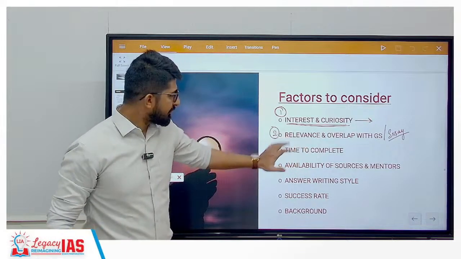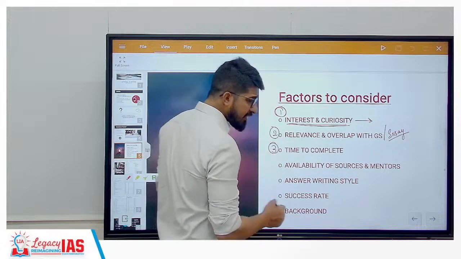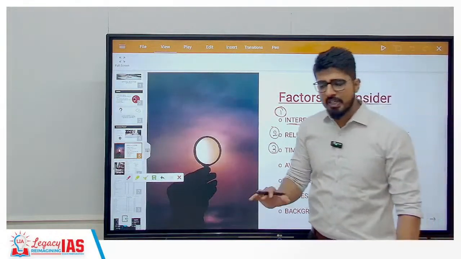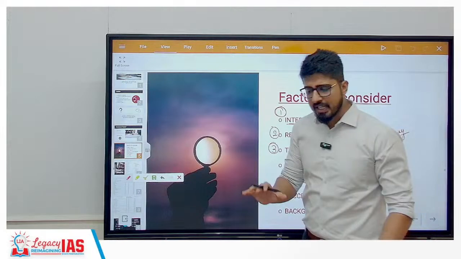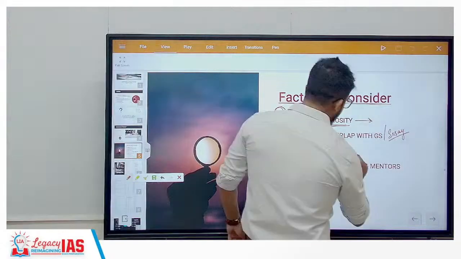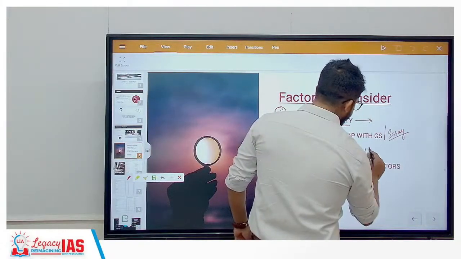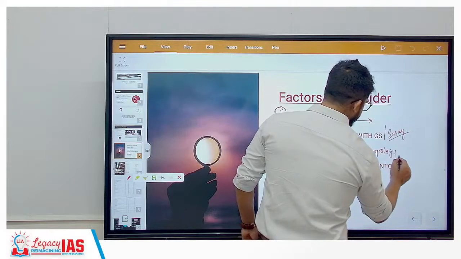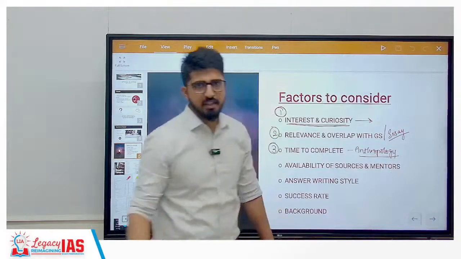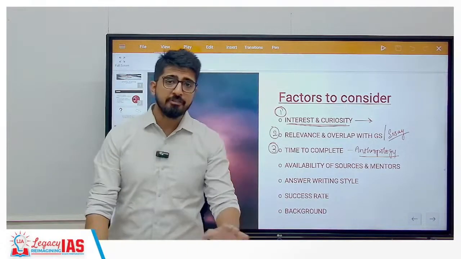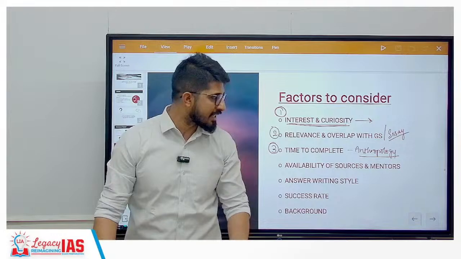Thirdly, time to complete an optional. As far as I see it, every other optional takes almost the same amount of time to complete. However, some people do claim that anthropology is a subject which takes lesser amount of time compared to other optionals. However, I would beg to differ with them for a reason.